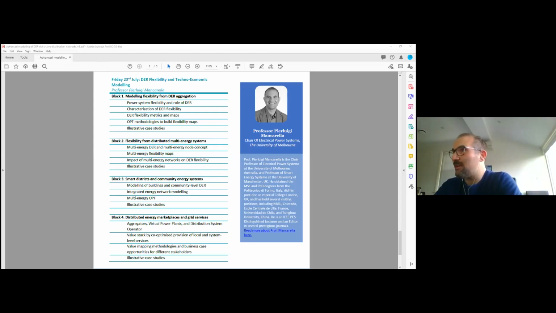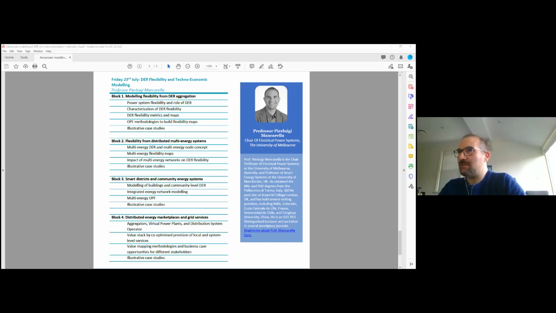So what we're going to cover this last day is more specific about flexibility from distributed energy resources and different types of resources, including related to sector coupling, integration of different energy systems, so-called multi-energy systems, how we can extract the flexibility from sector coupling different energy vectors.